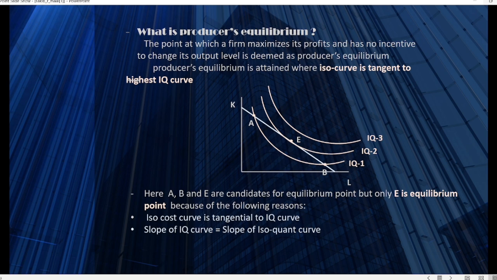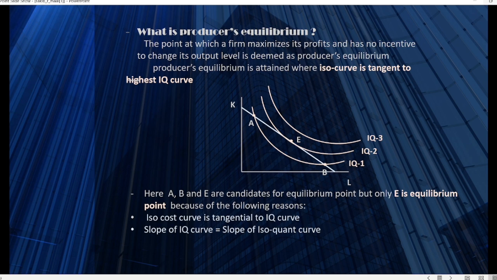At this point, the slope of isoquant, MRTS of labor for capital, equals the slope of isocost, which is mathematically W by R. At this tangency point, the firm achieves the optimal combination of inputs to produce the maximum possible output with the minimum cost.